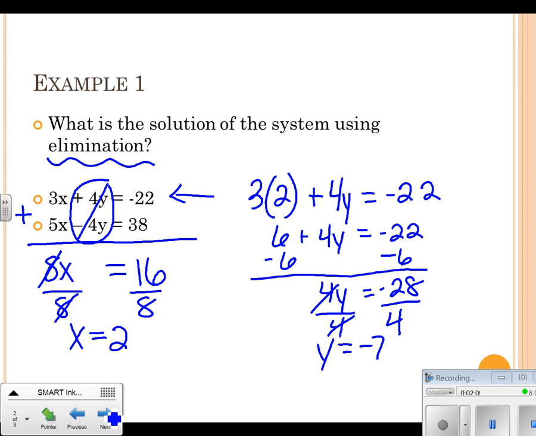And then we have our y over there, so when we write our answer, we write it as an ordered pair: 2, which is our x, negative 7, which is the y. So if we were to graph, that's where they would intersect.